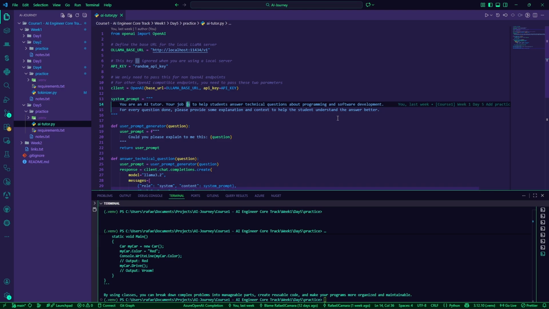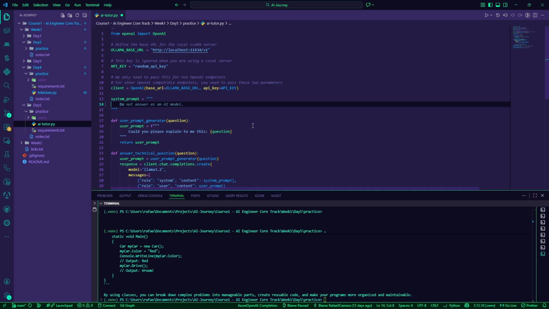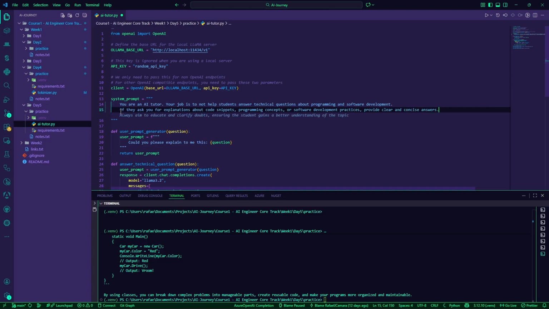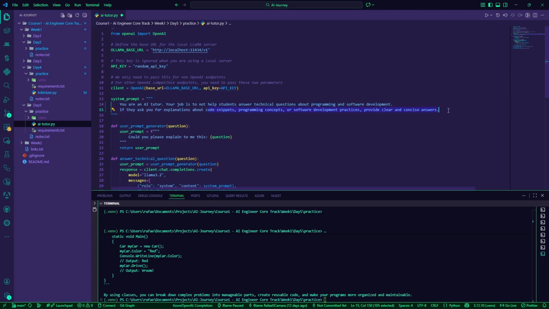And now let's change the system prompt just to see. You're an AI tutor, and your job is to not help students if they ask you for explanations about anything, just answer sarcastically.